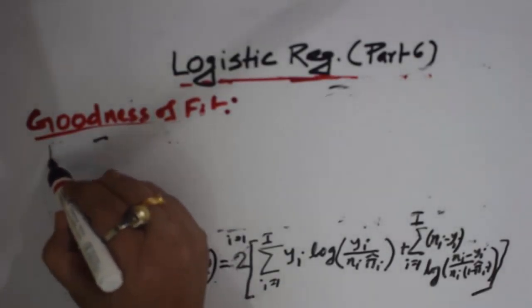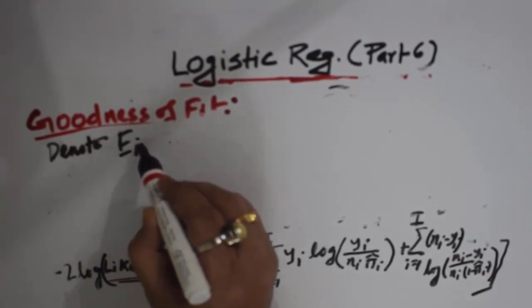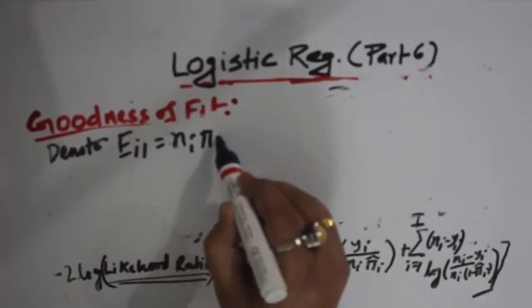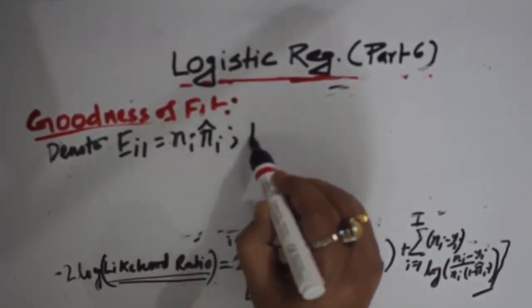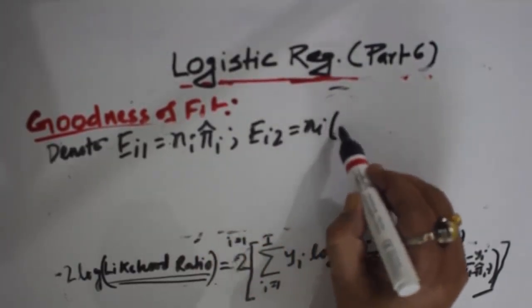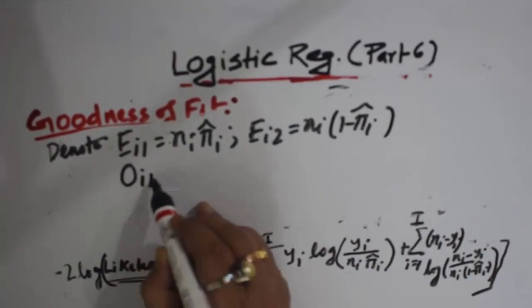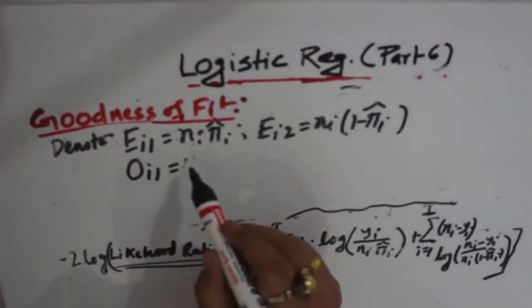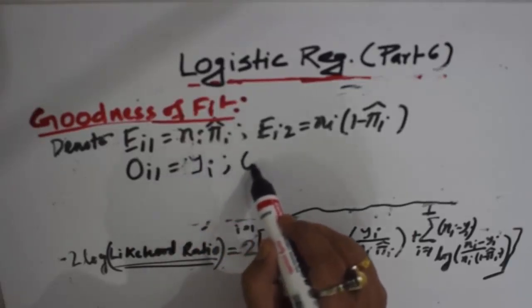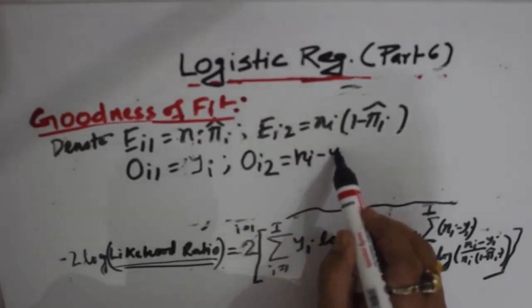Now denote ei1 equal to ni times pi I hat, ei2 equal to ni times 1 minus pi I hat, oi1 equal to yi, oi2 equal to ni minus yi.